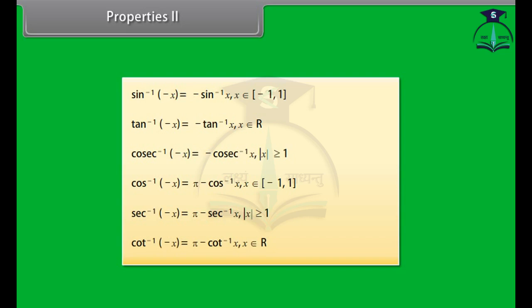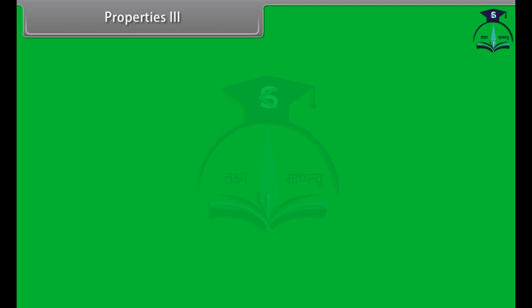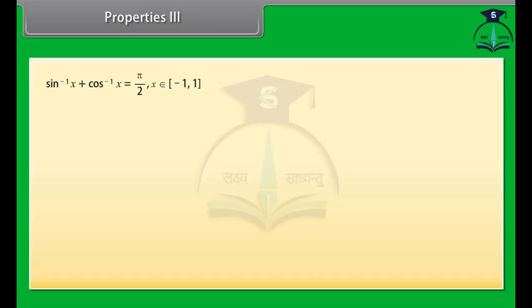Where x belongs to R. Properties 3. Sine inverse x plus cos inverse x is equal to pi by 2, where x belongs to minus 1, 1. Tan inverse x plus cot inverse x is equal to pi by 2, where x belongs to R. Cosec inverse x plus sec inverse x is equal to pi by 2, where modulus of x is greater than or equal to 1.